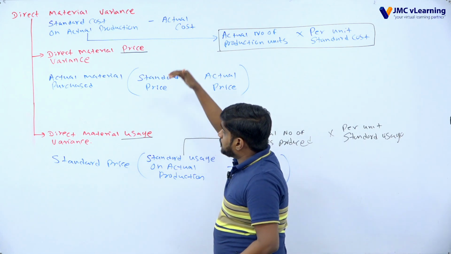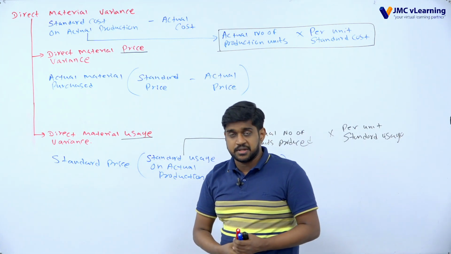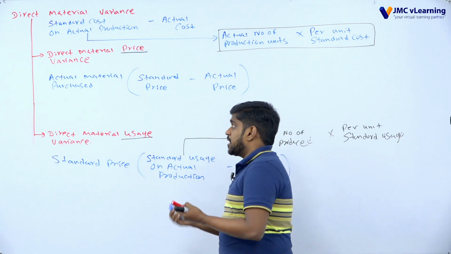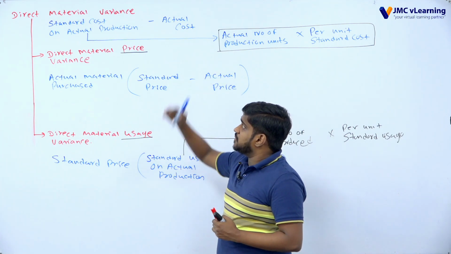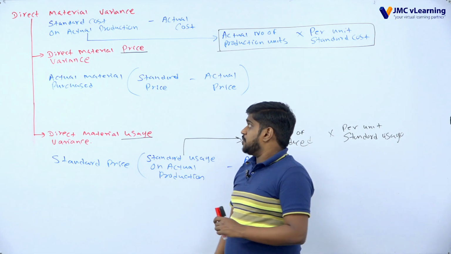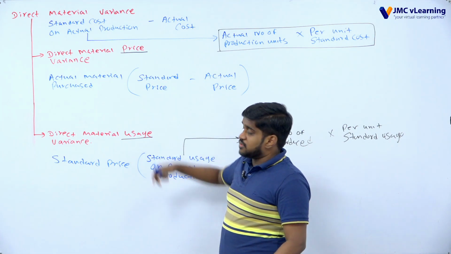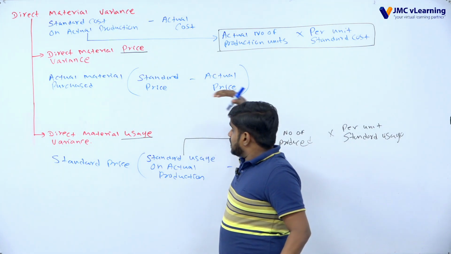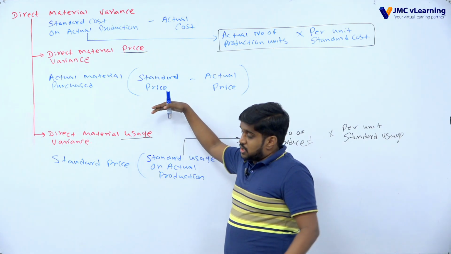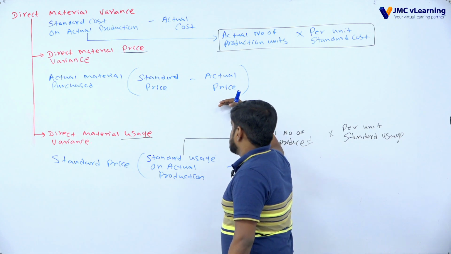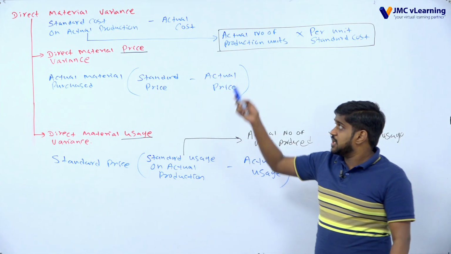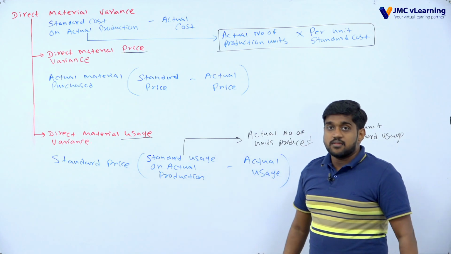Under the direct material price variance, we try to identify the impact of price on our direct material variance. Therefore we mainly focus on price, taking the difference between per kilogram standard price and per kilogram actual price, and multiplying it by the actual material purchase. Then we get our direct material price variance.